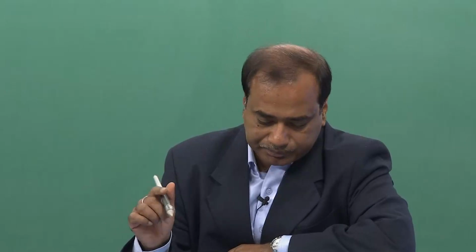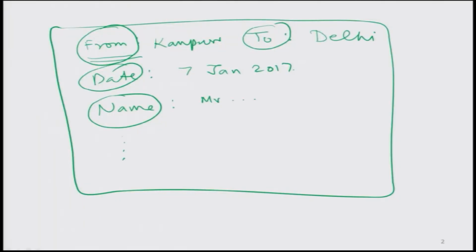For example, wherever is the field for from, here only the starting station has to be printed. Wherever they already have printed to, there the station of destination should only be printed. This cannot happen that if somebody wants to travel from Kanpur to Delhi and it is printed on the ticket from Delhi to Kanpur, that will be misleading.